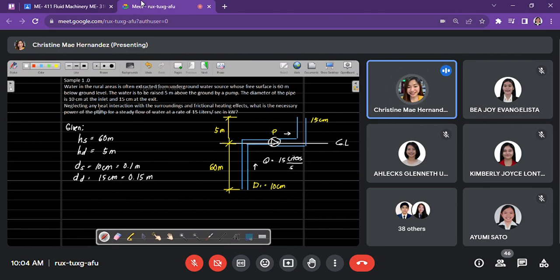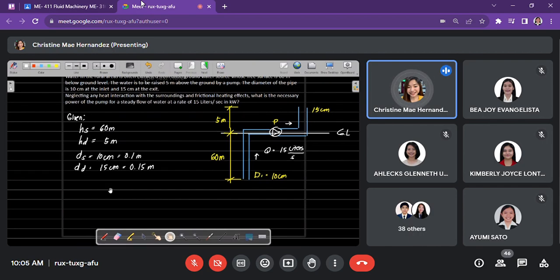Tapos, neglecting any heat interaction. So, hindi tayo magsasama ng mga frictional losses natin. And meron din daw tayong volumetric flow rate na given, which is 15 liters per second. So, i-convert na natin into cubic meter per second. So, siya ay 0.015 cubic meter per second.